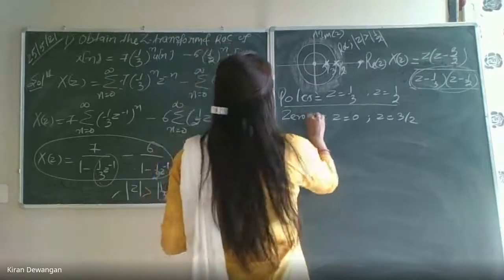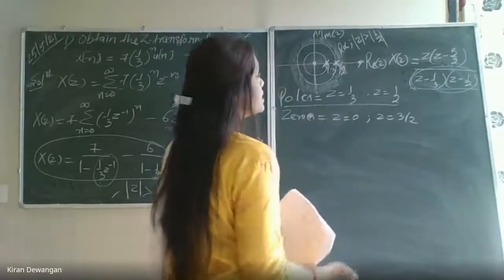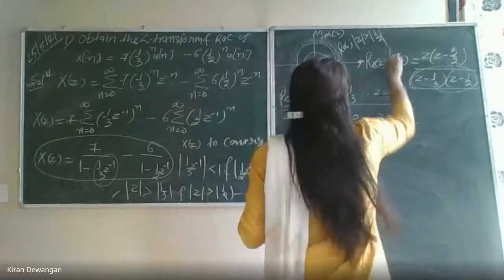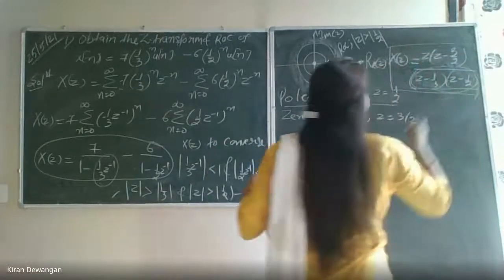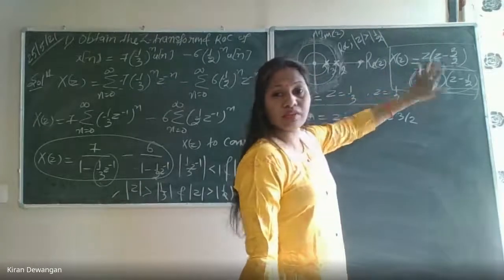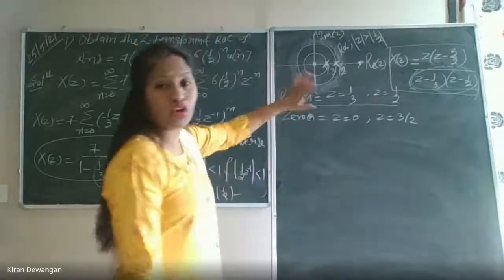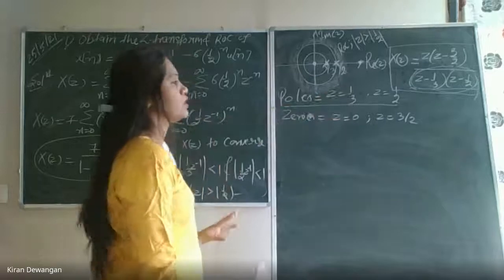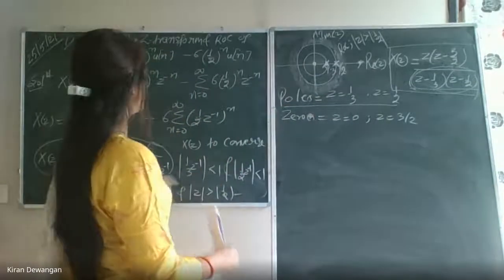So this is how we can obtain the poles and zeros from X(z). Finally, we have to write it in this form, in this form में ही लिखना है, तभी हम poles and zeros की values locate कर पाएंगे. Otherwise, we would not be able to locate them. ठीक है? So this was the question.